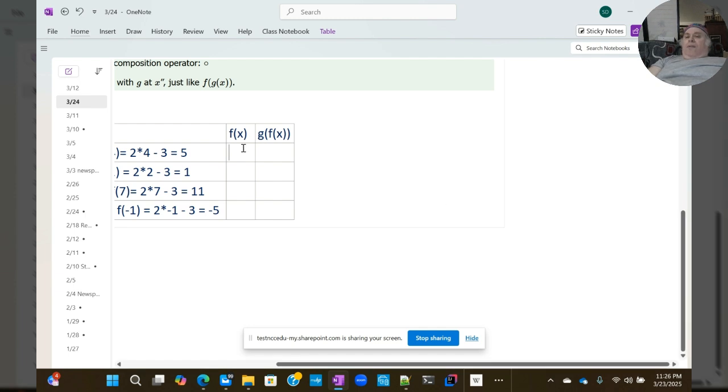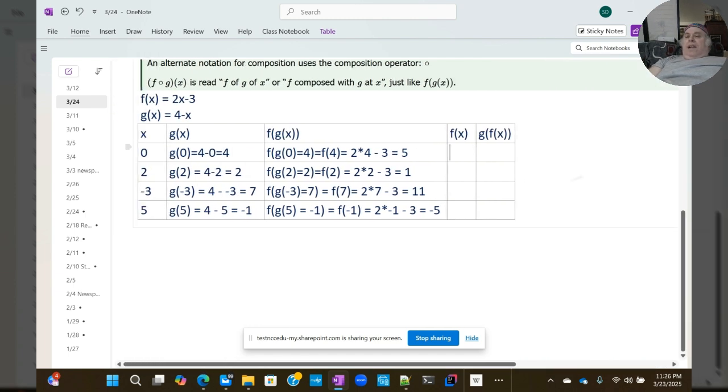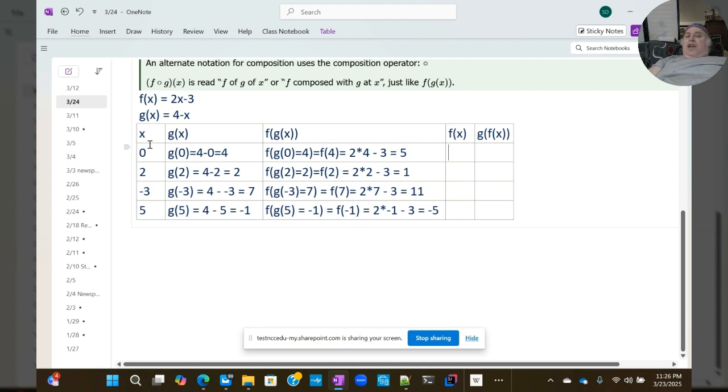If we do g of f of x, we're not going to get the same numbers.